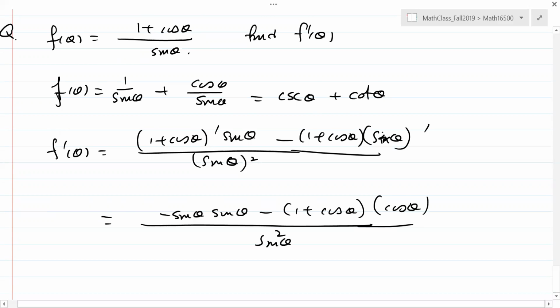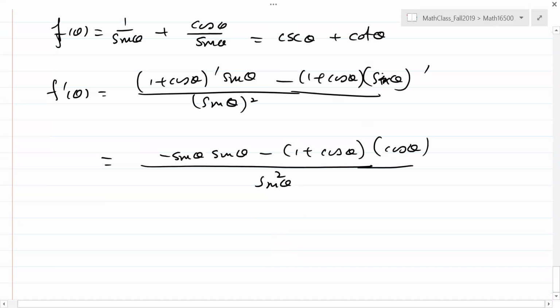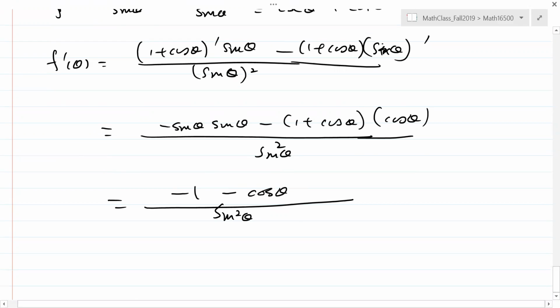All right. So let's simplify it. It is going to be negative sine squared theta minus cosine squared theta, which is going to be negative 1. I think that's all we can get. Okay. So it's going to be negative 1 plus cosine theta over sine squared theta.